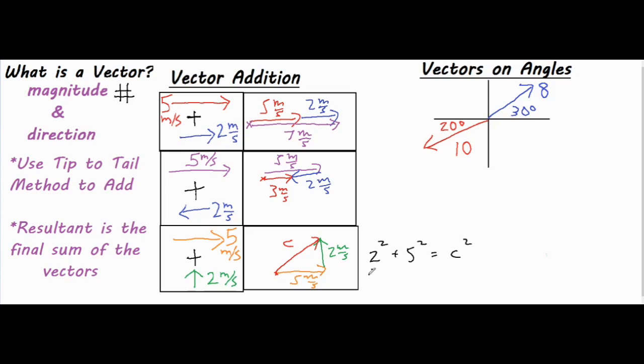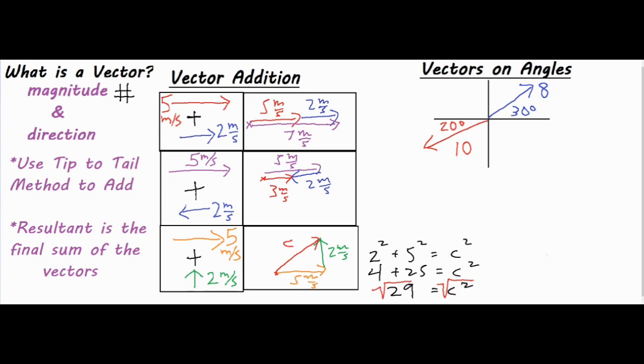Okay, so 2 squared is 4, 5 squared is 25. Okay, and that would mean that c squared is 29, and then you would finish by finding the square root of both sides.